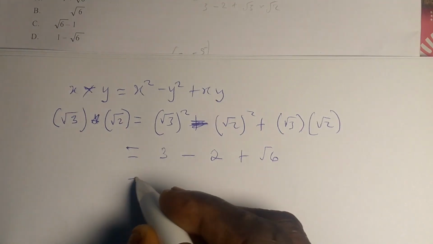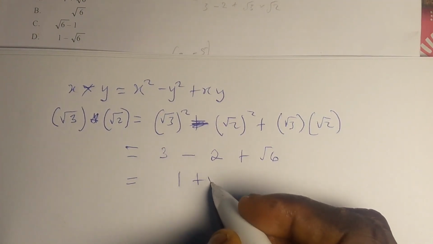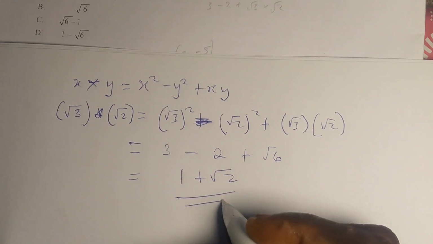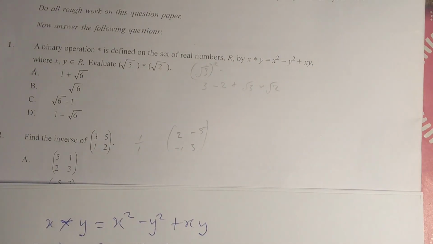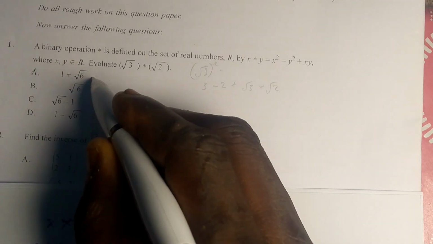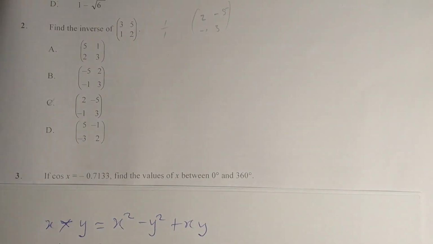Now let's do the simplification. We have 3 minus 2 will give you 1, plus root 6. Now let's check whether our answer is in the objective. So you see our answer is answer A. Now let's move on to the next question.